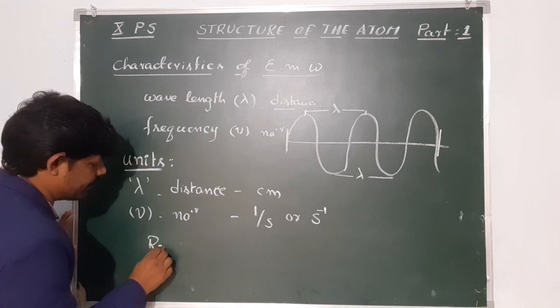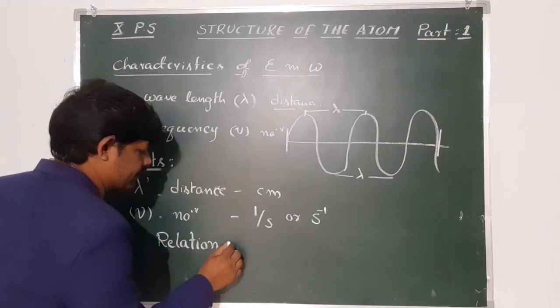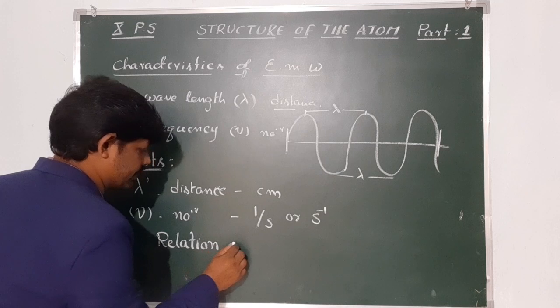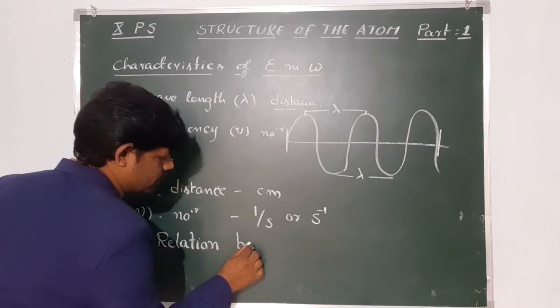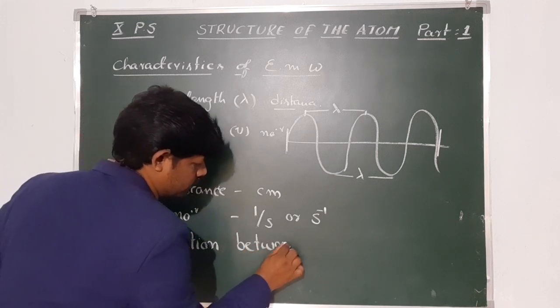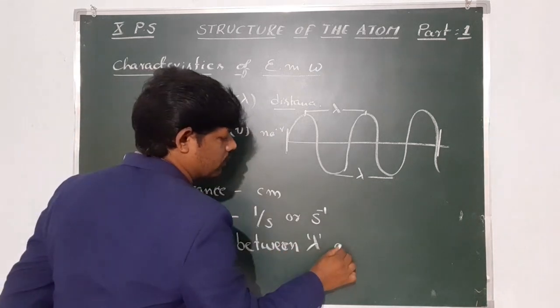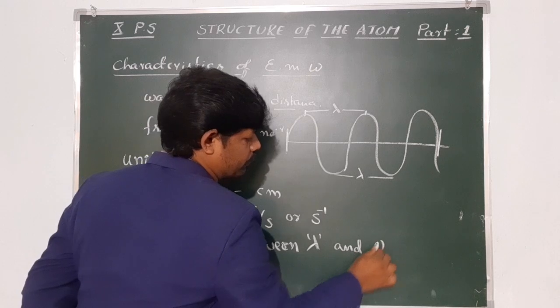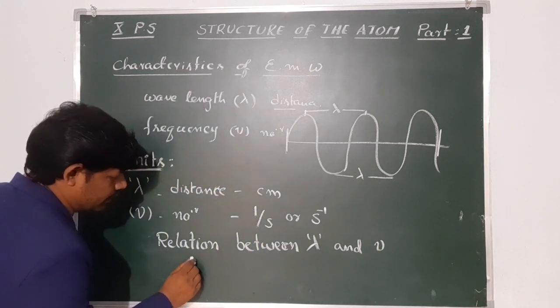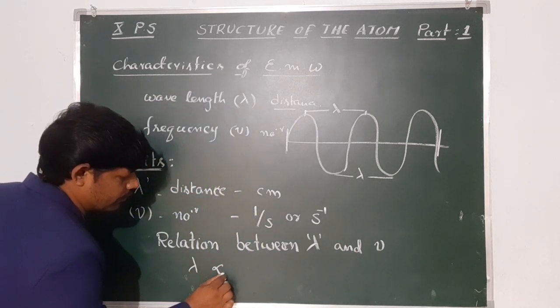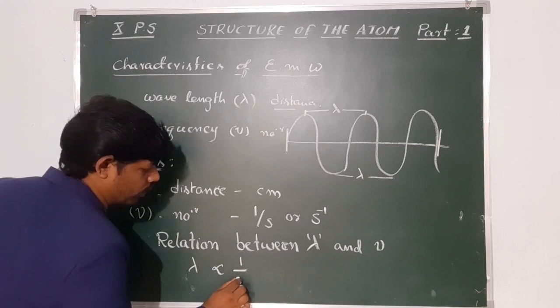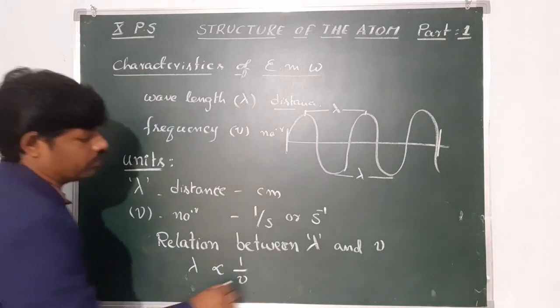The relation between these two quantities, wavelength and frequency, that is, the relation between lambda and nu. Lambda is inversely proportional to nu.